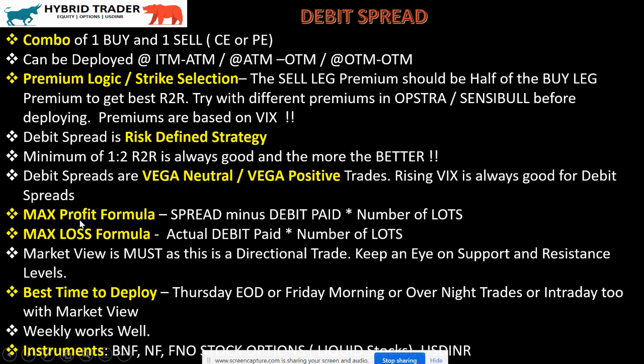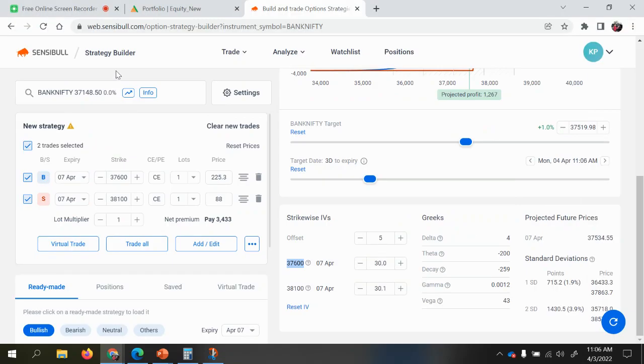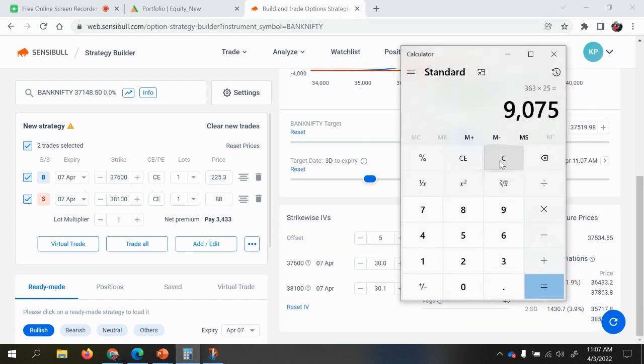What is the maximum profit for a spread? Maximum loss is simple: your debit paid versus your debit received. Let me go back to my calculator. You have paid a debit of 225.3, and you have received 88 rupees as premium for your sold leg.